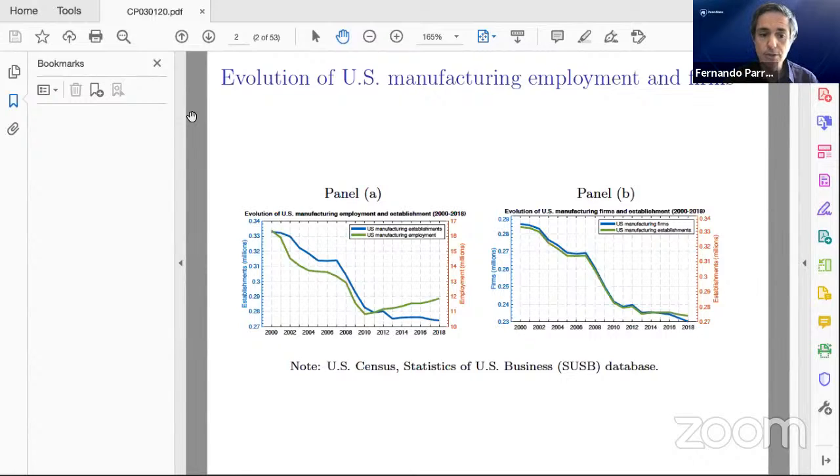And the application is going to be the 2018 trade war between the US and its trading partners. So on the right-hand side, we see that firms and establishments moved very similarly. And this is just to say that in the paper and during the rest of the presentation, I'm going to talk about establishments and firms as the same thing.